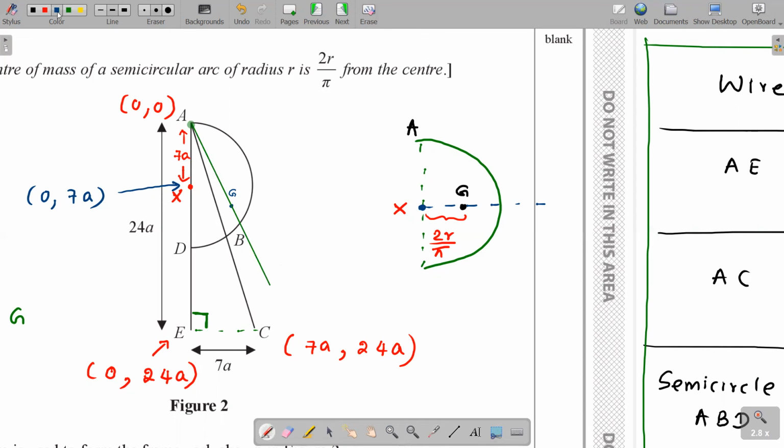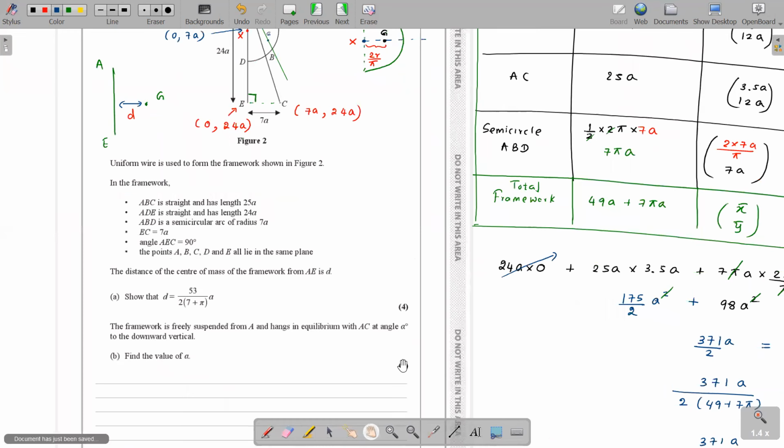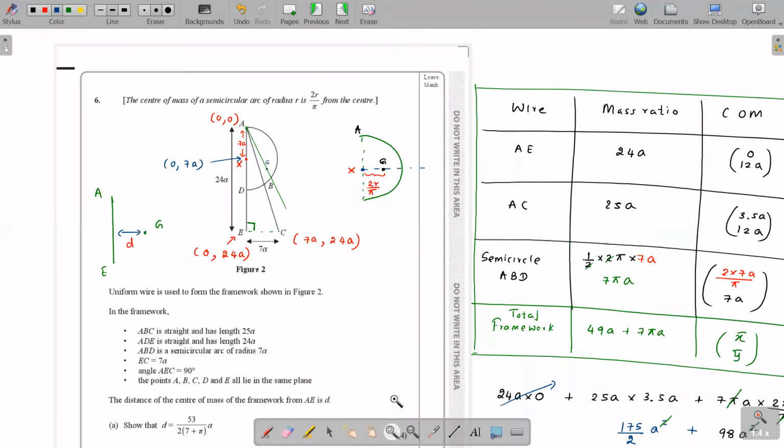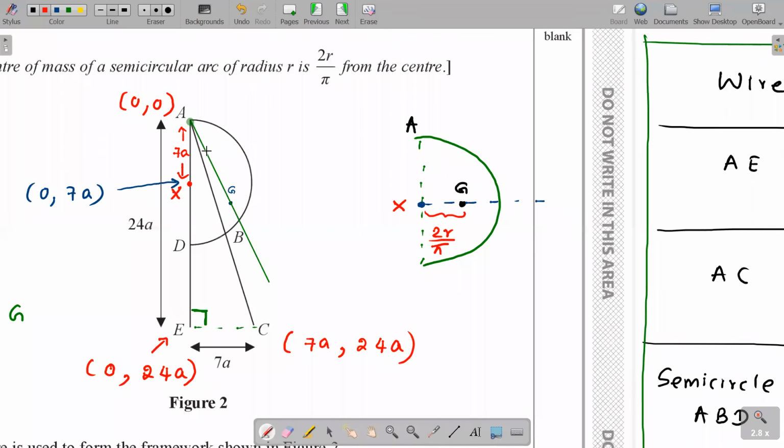So at this point, let's just say something like this. They are saying the angle between what? The framework is freely suspended from A and hangs in equilibrium with AC at angle alpha to the downward vertical. So AC makes an angle alpha to the downward vertical, and they want you to find alpha.